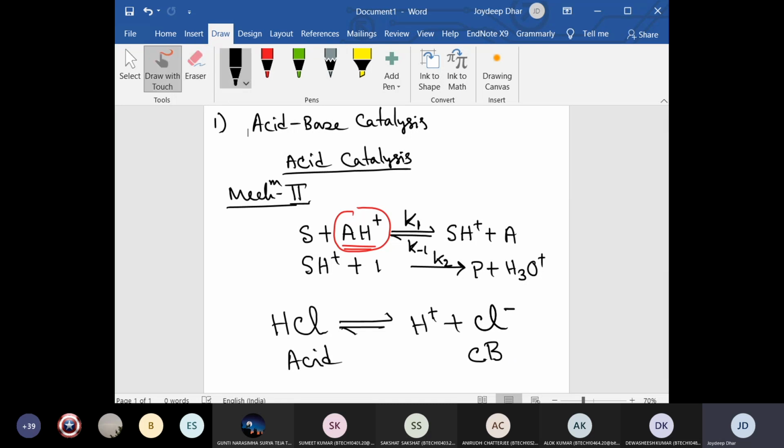So in that case, instead of water, that conjugate part will take the proton and give you the product.